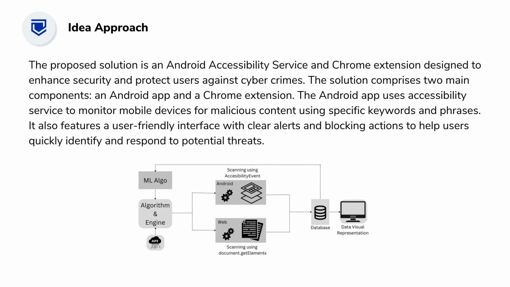One is the Android app and the other is Chrome extension. It has a very user-friendly interface with clear alerts and blocking actions to help users quickly identify and respond to potential threats. The Android app uses accessibility service to monitor mobile devices and it catches any specific keyword and phrases related to any malicious content.